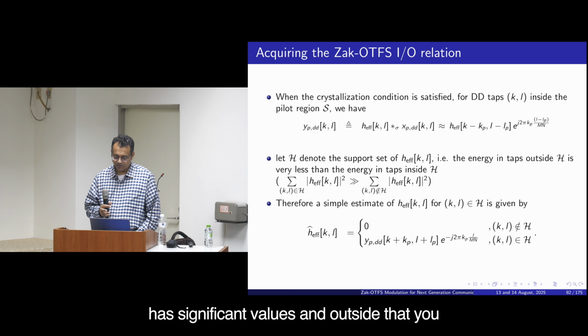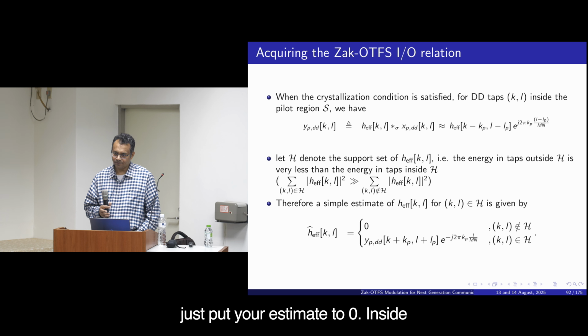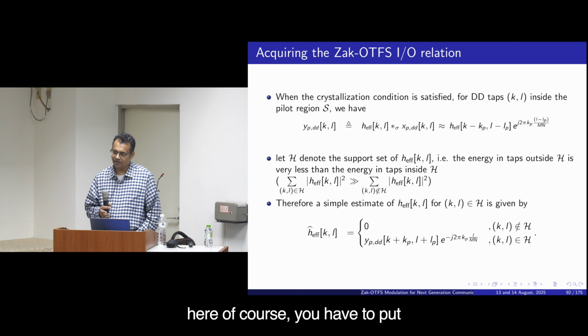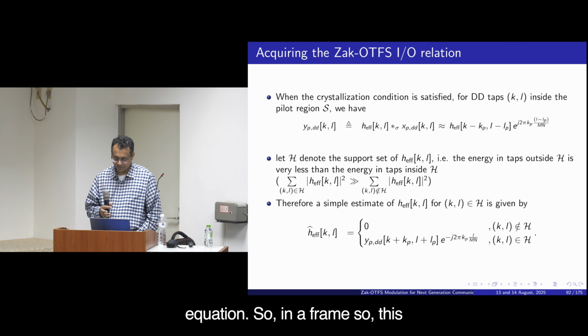And outside that you just put your estimate to 0. Inside that you can compute using this equation. If you replace this k with k plus kp, you will get k here. Similarly, if you put l plus lp, you will get l here. Of course, you have to put l plus lp here also. And then you take this term to the left side and you end up with this equation.